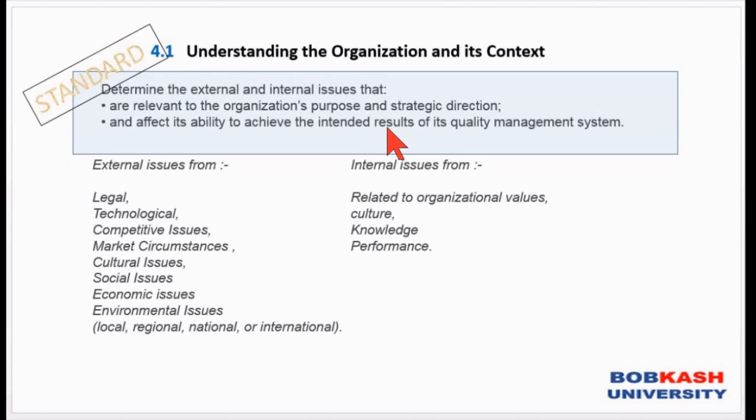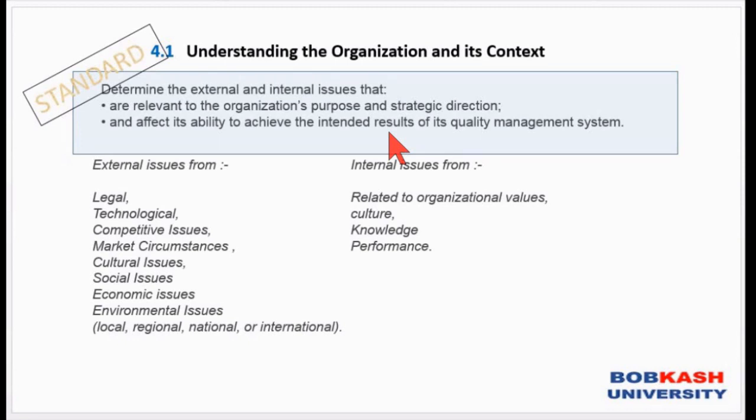So as I have explained in the previous slide, this is the start, this is the direction by which we will achieve the end, and the intended results is the end of the process. So you need to know the external and internal issues that are relevant to the organizational purpose, strategic direction, and affect its ability to achieve the intended results of the QMS.